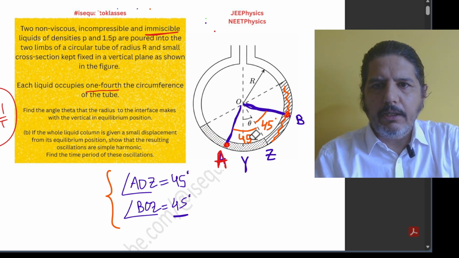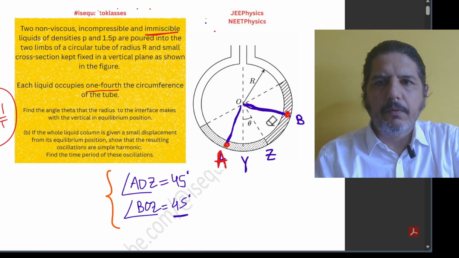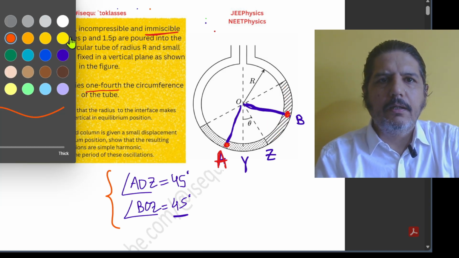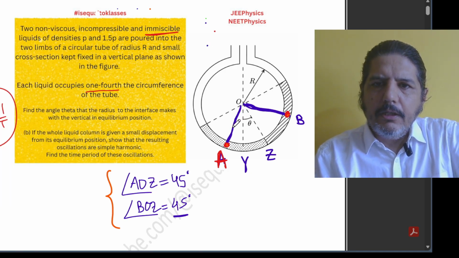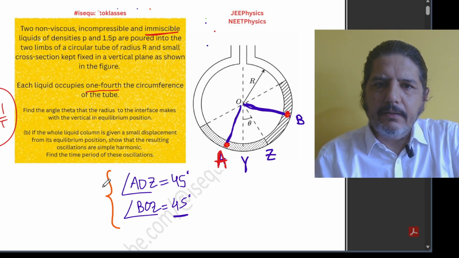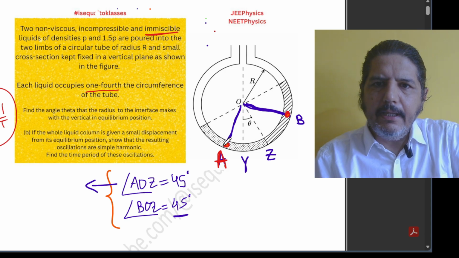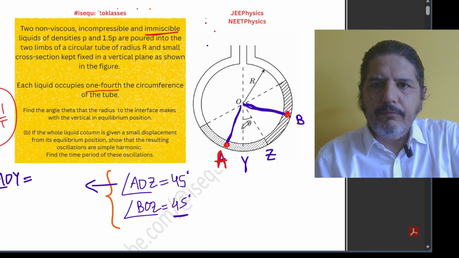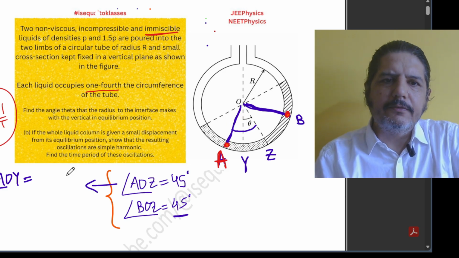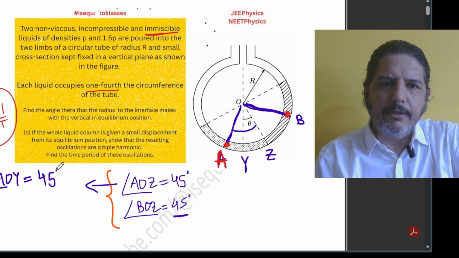Okay, now I'll rub this for a while because there is another thing that I want to make clear. If the whole of this AOZ is 45 degrees, then this angle AOY would be equal to 45 degrees minus theta.